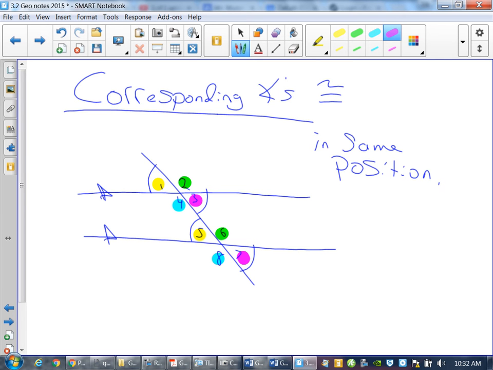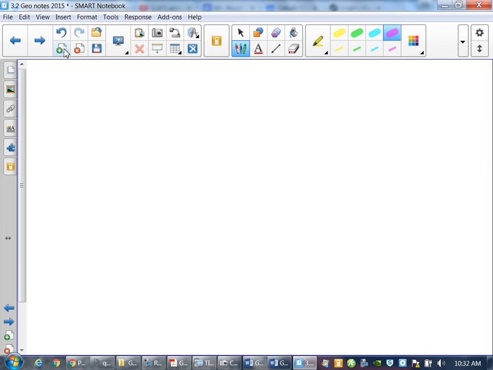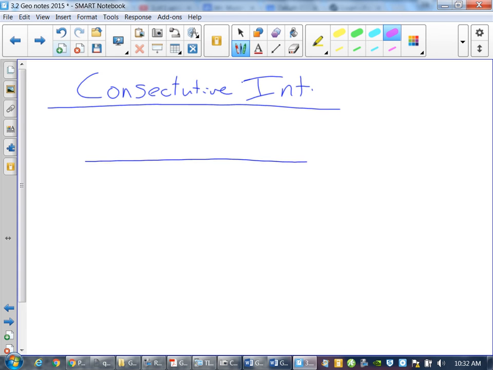Alright. And then the last one is called consecutive interior. Consecutive interior, same side, inside.